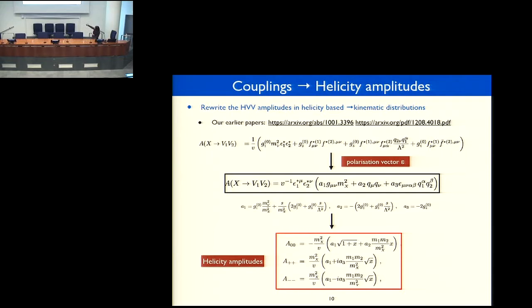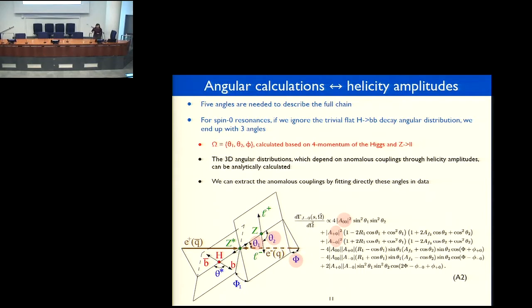From the general scattering amplitude, from g1, g2, g3 and so on, you can predict A00, A++, A--. And as you see here, these helicity amplitudes are exactly what is hidden in the angular PDFs. So now this allows me to introduce the kinematics involved in this process.